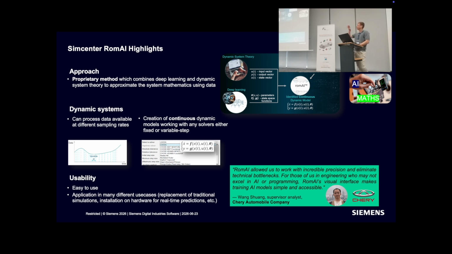As we discussed in the previous presentation, we need to have parameterized data in a CSV file, and ROM AI trains on this data. It can be used both on static models and also on dynamic models. Its power is when it is deployed for dynamic models, and this is where dynamic system theory comes to be utilized.